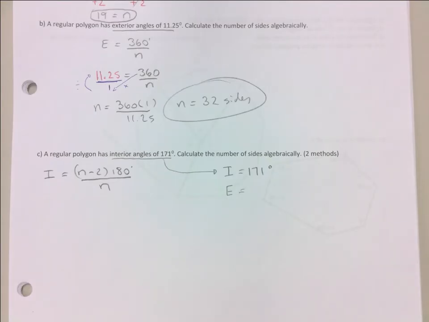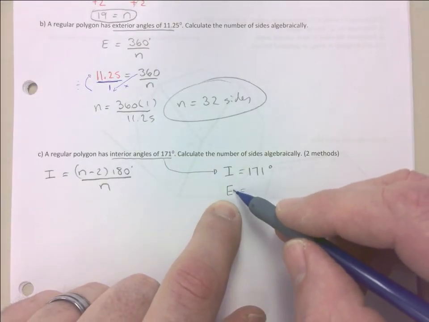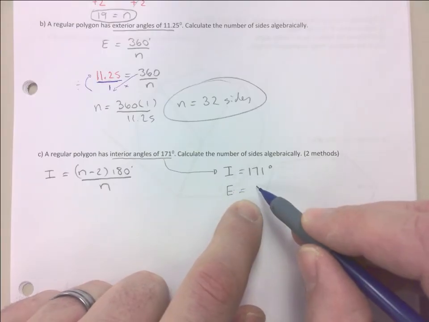What's the exterior angle of this polygon? What do interior and exterior always add up to? 180. Okay, so this is 9.